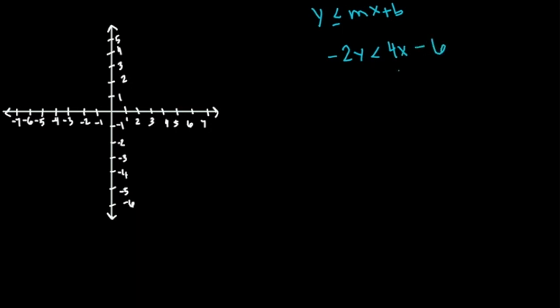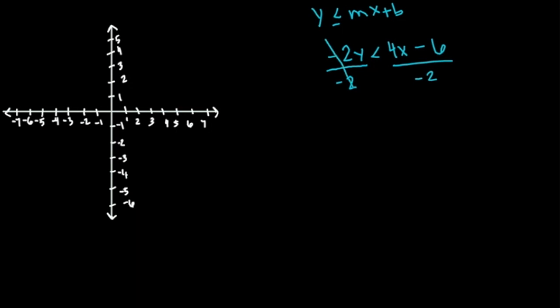What we have to do first is get the y by itself, so we divide both sides by negative 2. The number before the variable is called the coefficient. When you divide by a negative coefficient, this symbol changes to the opposite direction. So in this case, less than is going to change to greater than.